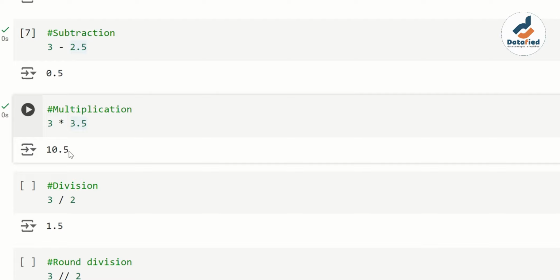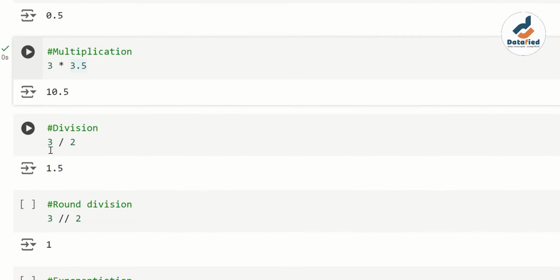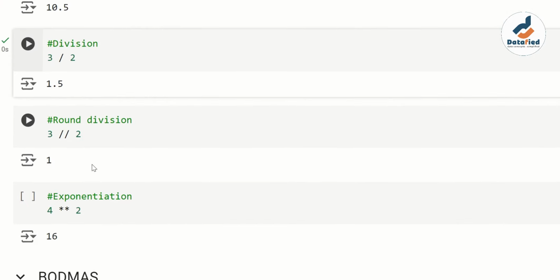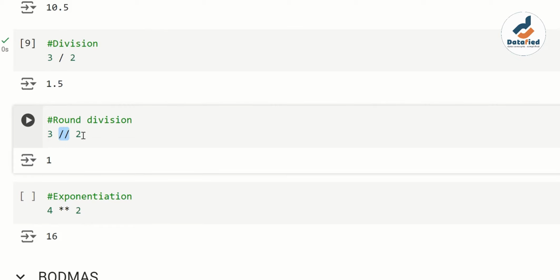Of course, here is the output. For division, we have 3 / 2, which means 3 divided by 2, it returns 1.5. And for round division, 3 // 2 returns 1.